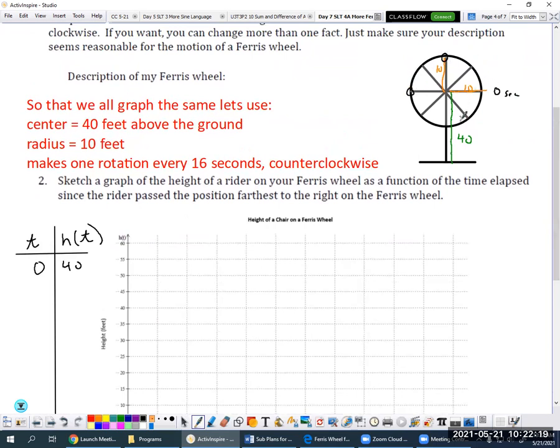I know this goes all the way around in 16 seconds. So if I divide 16 by 4, 0 seconds, this is going to be 4 seconds. This is going to be 8 seconds. This is going to be 12 seconds. This is going to be back at 16 seconds. And I'm going to think about the heights at these times. So go ahead and fill in your table height at 4, 8, 12, and 16 seconds.